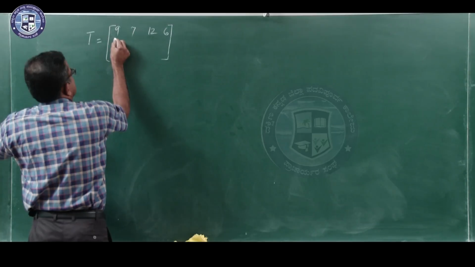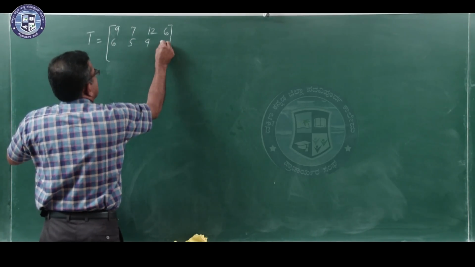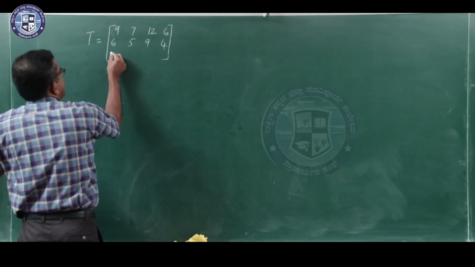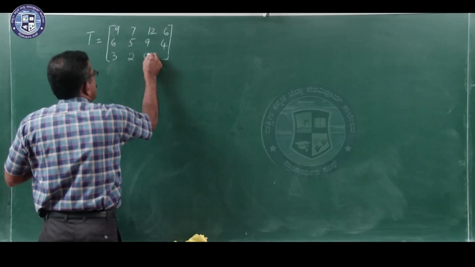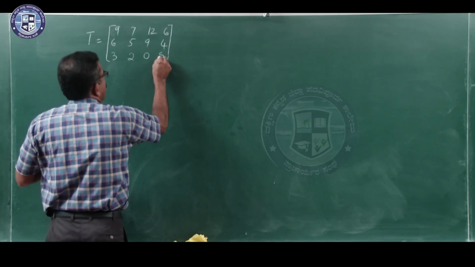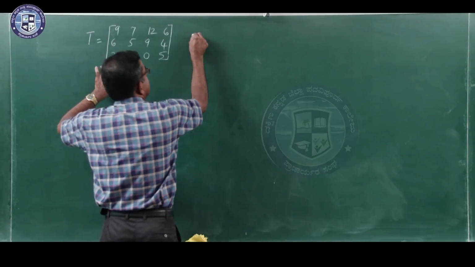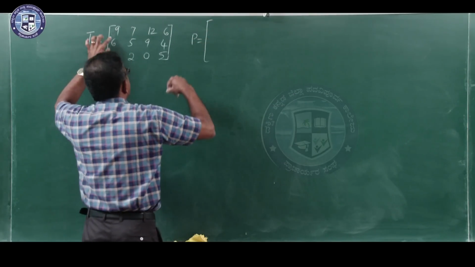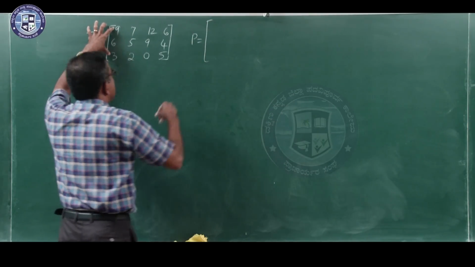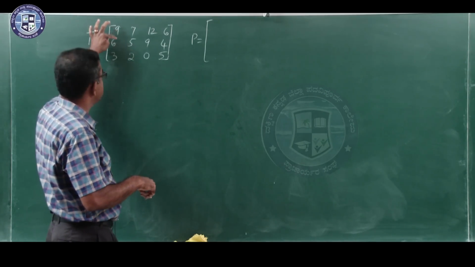Let me take here 6, 5, 9, 4. Let me take here 3, 2, 0, 5. This is the theory marks. And let me write another matrix with the practical marks. The first column should represent practical marks in physics for all 3 students.